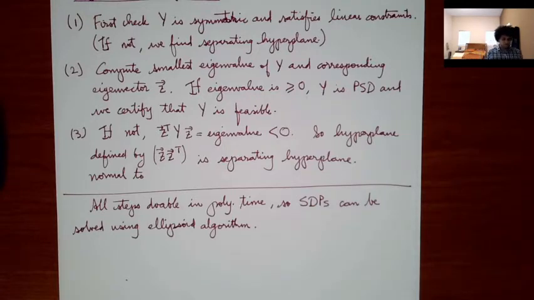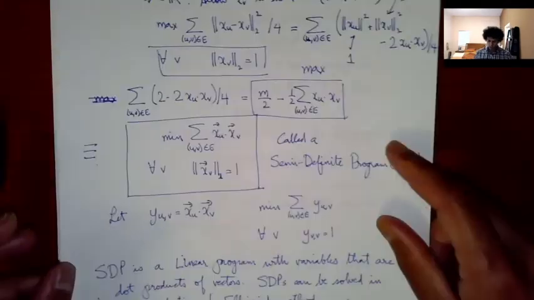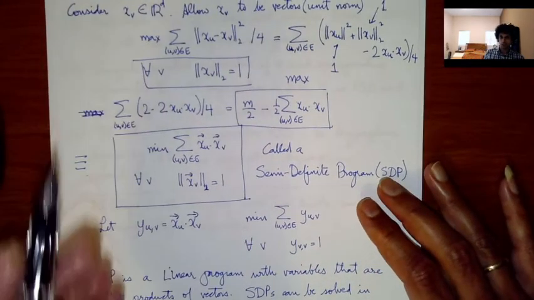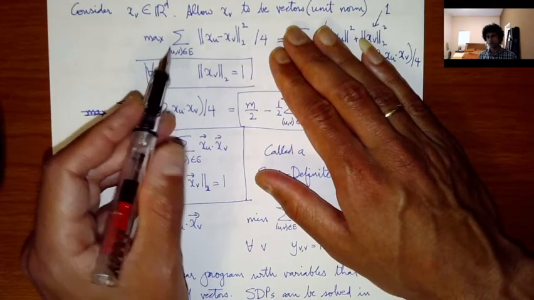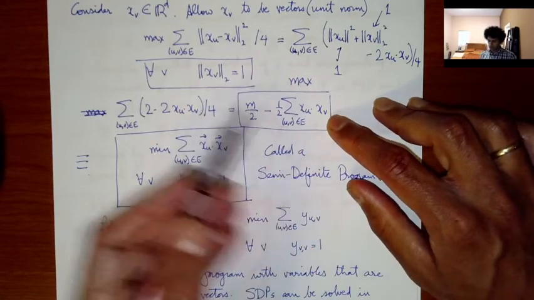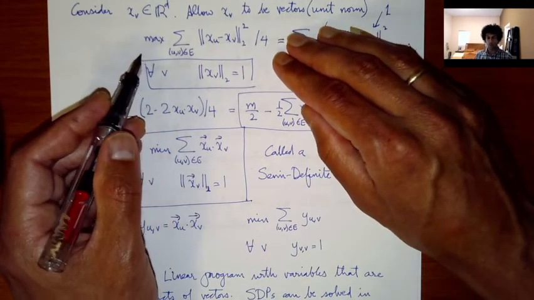So let's pop back all the way. Even if you haven't followed any of this, the whole point was simply to argue that this program, which is the same as the original program, can be solved in polynomial time.